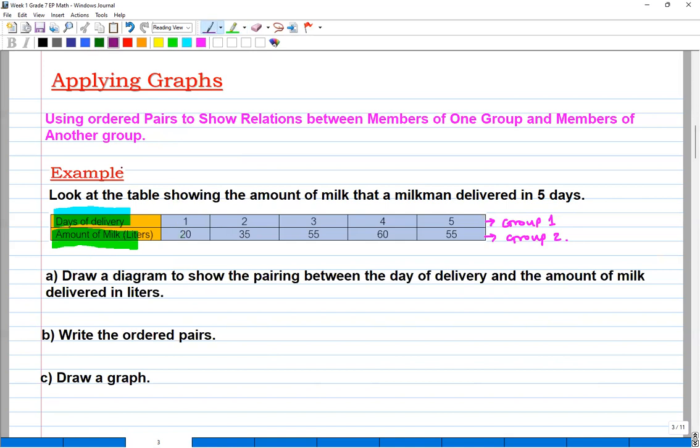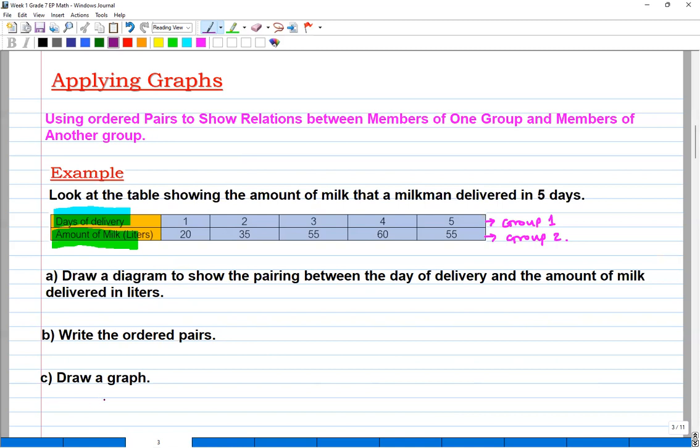Now, A, draw a diagram to show the pairing between the day of delivery and the amount of milk delivered in liters. B, write the ordered pairs. C, draw the graph.